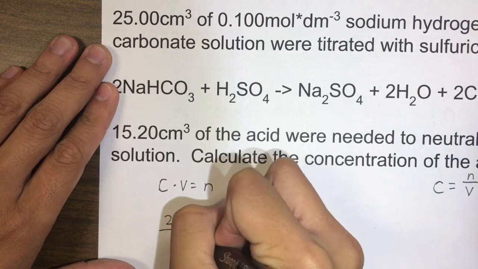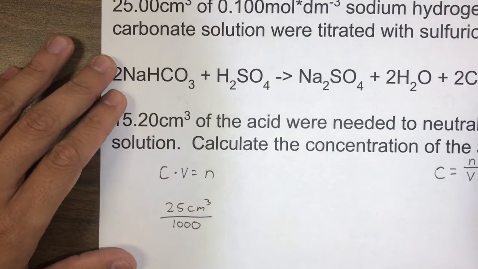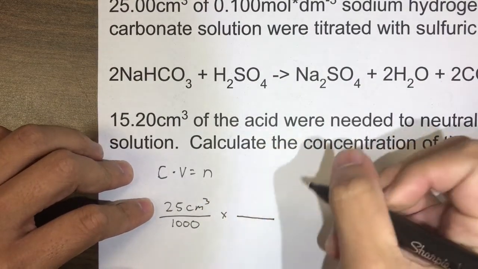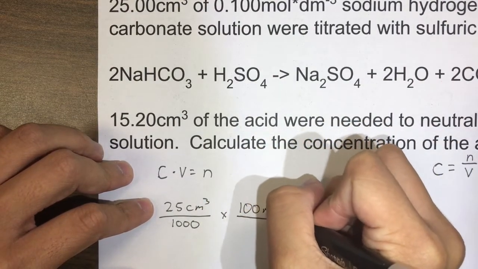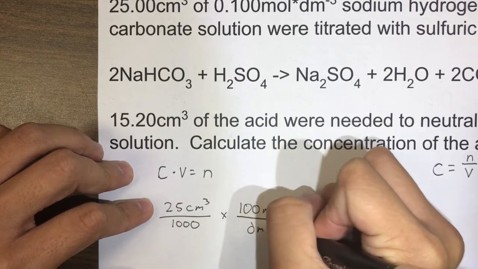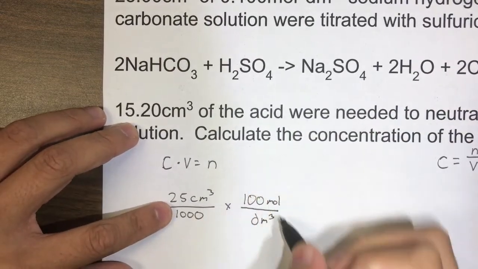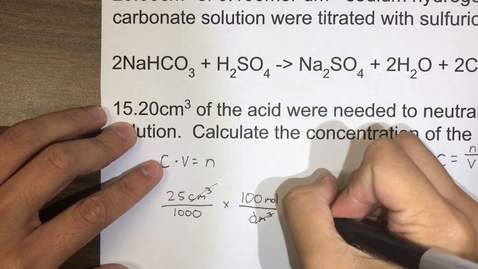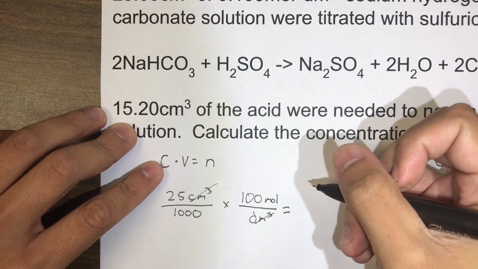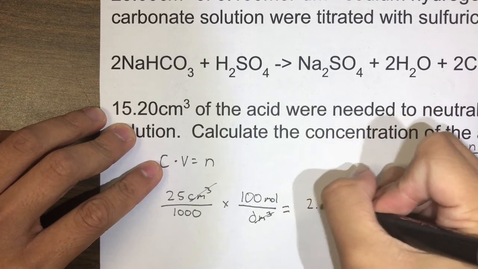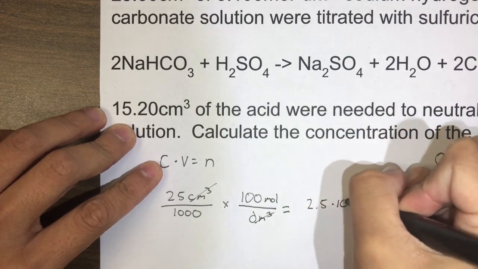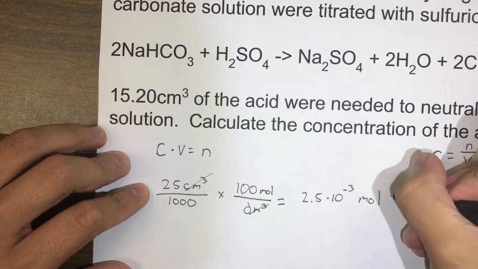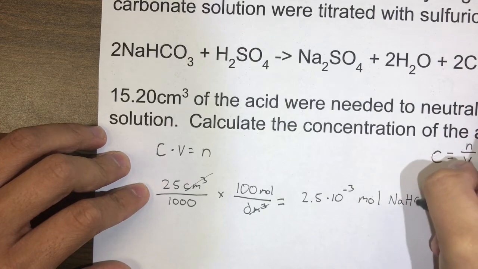Let's divide that by 1,000 to change that into decimeters. And we are going to multiply that by 0.1 moles for every decimeter cubed. Dividing that by 1,000 changes that to decimeters, so these cancel out. And we should get about 2.5 times 10 to the minus 3 moles. This is moles of baking soda.